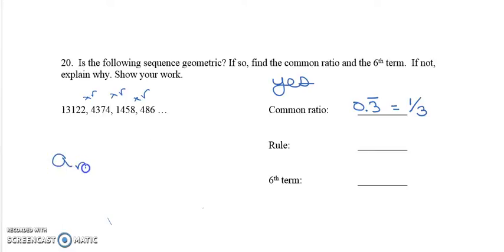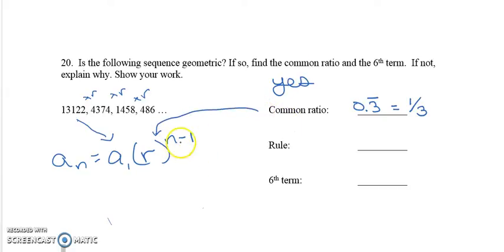It's a sub n is equal to a sub 1, which is our first term, times the common ratio raised to the n minus 1 power. Alright, so we already know what the first term is. The first term is 13,122, our common ratio we've just found, and then n is our variable, and then minus 1.